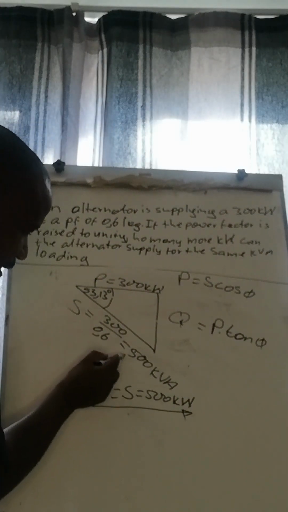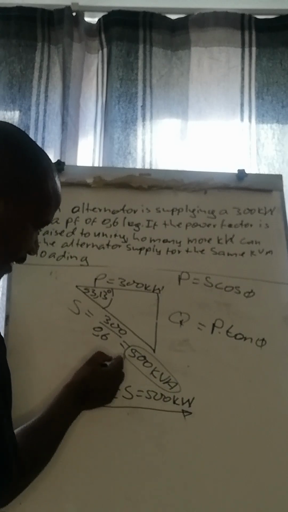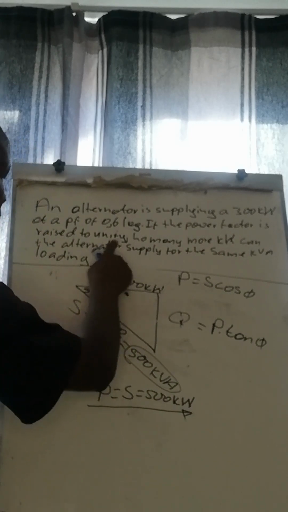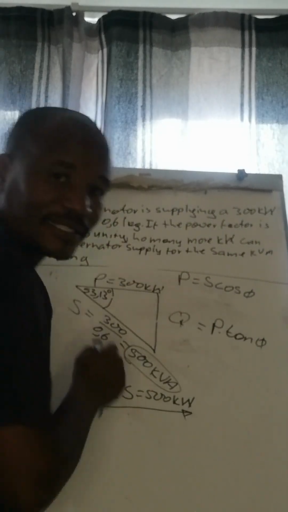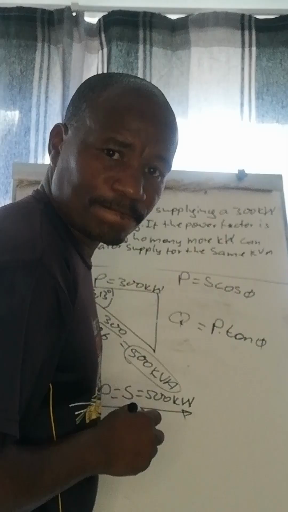For the same rating, it means this 500 kVA rating at unity power factor is the same rating when the alternator operates at 0.6.